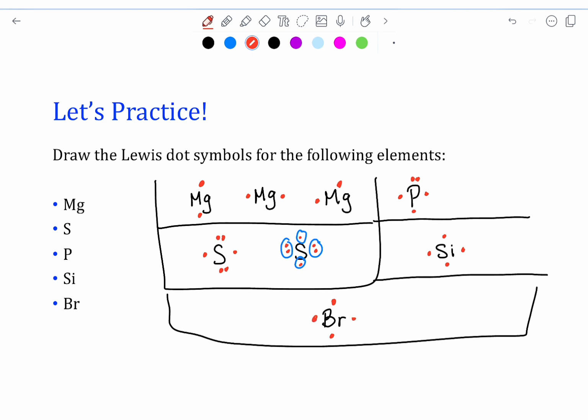I've used up my first 4, and all 4 sides of my square are filled. So I need to start pairing up with my last 3. So I'm going to say 5, 6, and 7. So we have 3 sets of paired electrons and 1 unpaired electron.